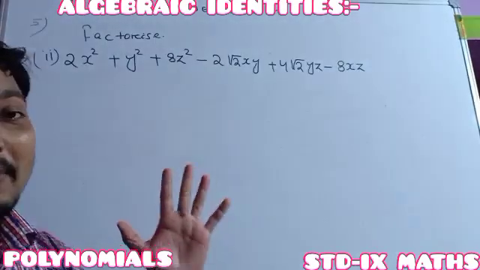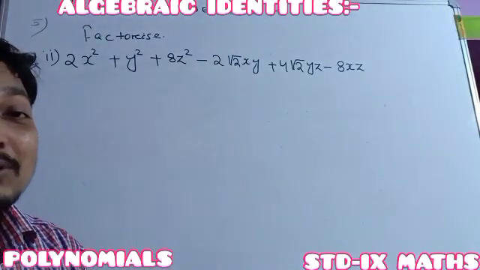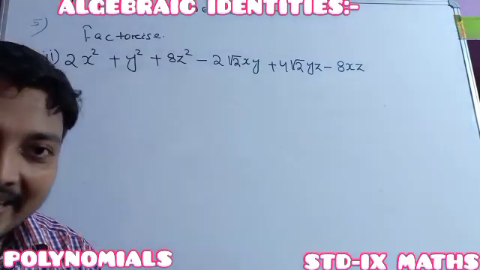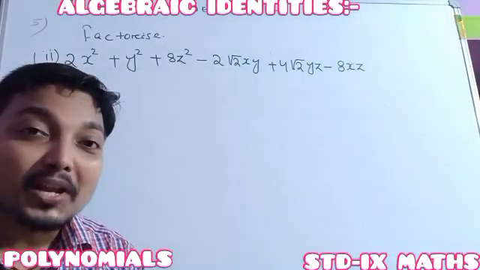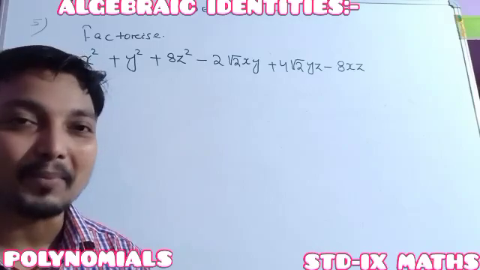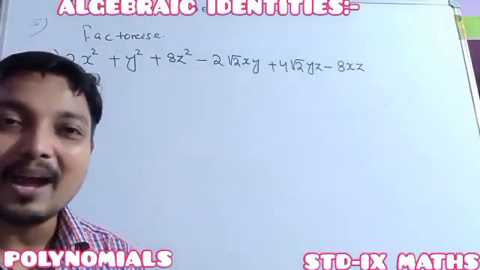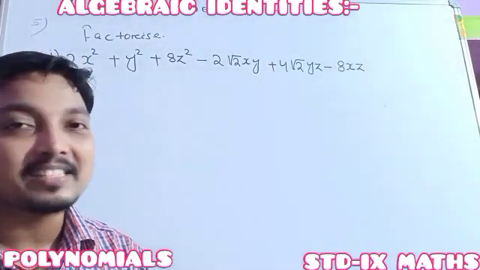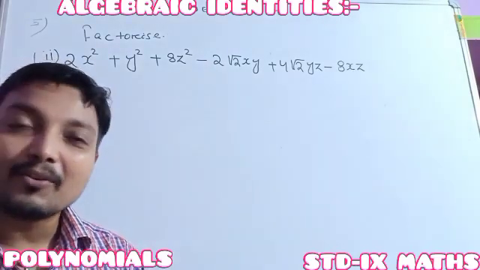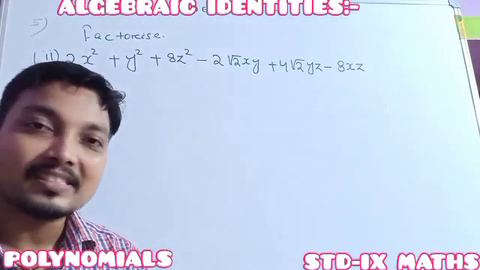So from these 5 algebraic identities, tell me which algebraic identity whose expansion form having 6 terms. 100% it will be our x plus y plus z whole square.